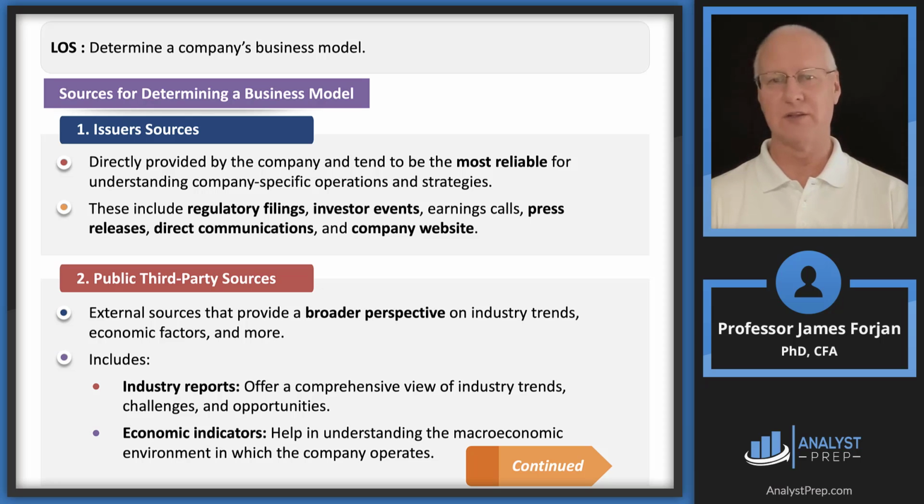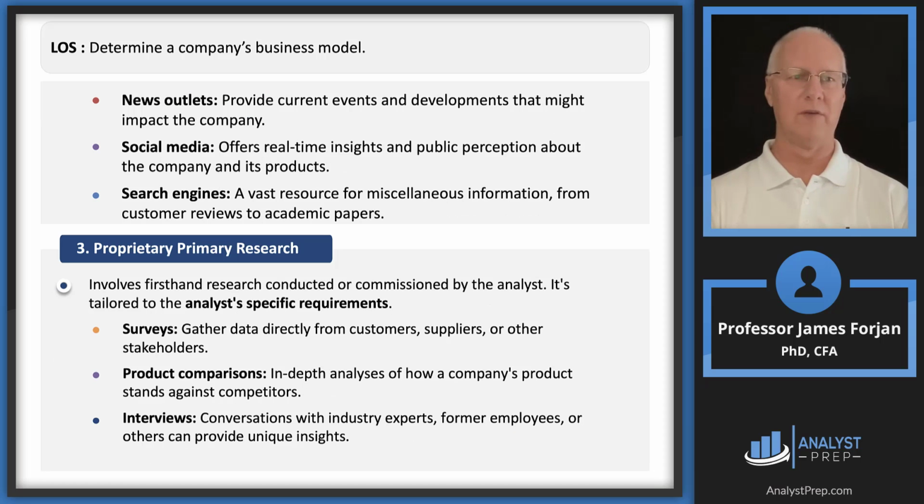I tell you guys this all the time. Make sure you read the Wall Street Journal every day. They're news outlets. Social media, I say this regularly. I don't know anything about Twitter or X or whatever it's being called. I don't want to know anything about this. But if I'm a financial analyst, I'm going to know all about Instagram and X and anything else that's out there.